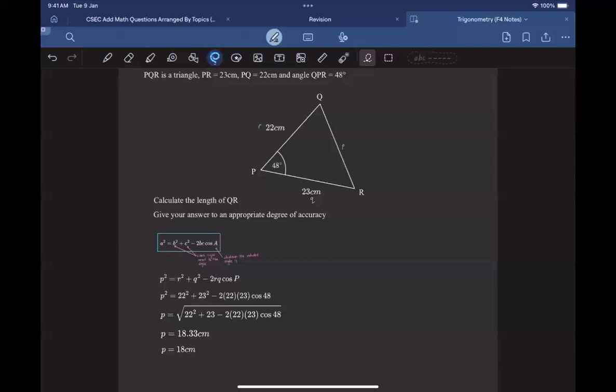Furthermore, are you seeing the length of two sides? If you have a 90-degree angle triangle, you can use Pythagoras theorem, or you could use the trig ratios like SOHCAHTOA.